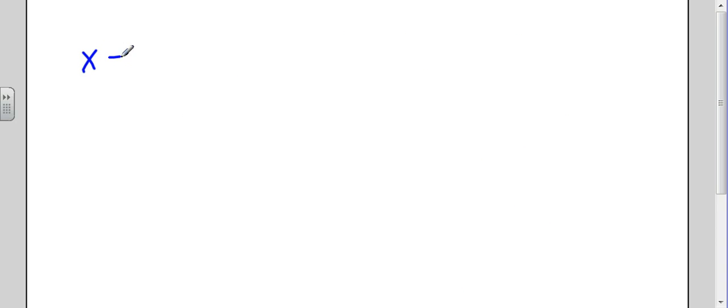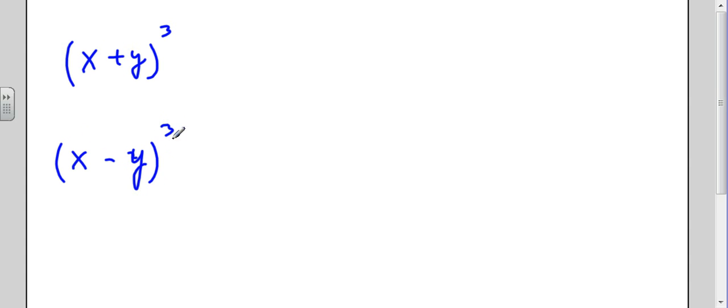Then we have the x plus y cubed and x minus y cubed. And the first thing that we don't remember is that there is a Pascal's triangle. And Pascal's triangle says that the coefficients for x plus y cubed are going to be 1, 3, 3, and 1.